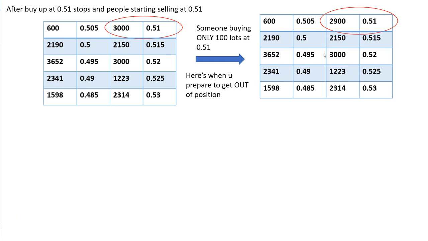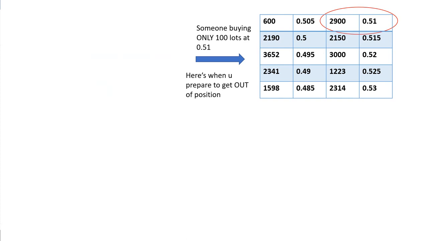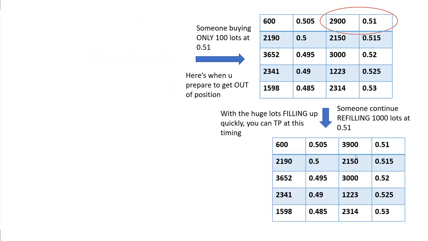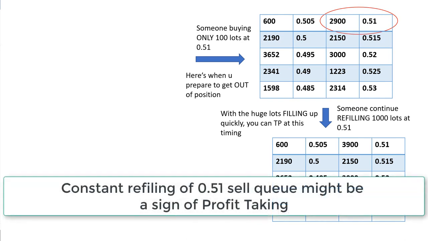What if 51 cents keeps on refilling a sell order? When the buying momentum comes and is keeping the whole buying at 51 cents only, that means that there is a lot of refilling of 51 cents sell order. Then again, you need to be careful since many people are taking profit at this current level.